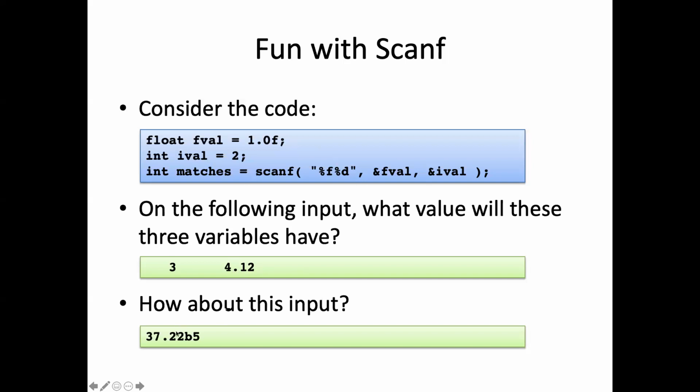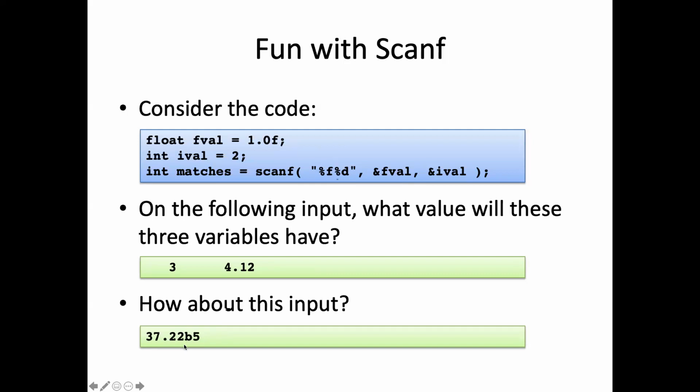In this next case, well, I deliberately included some garbage. So if you call scanf and you try to read this 37.22b5, well, %f doesn't have any white space to skip. It'll read 37.22. That's a legal float, but this b isn't. So it'll store 37.22 in f value. It'll try to read a decimal integer. Well, but b isn't a legal decimal integer, so it'll stop right there.